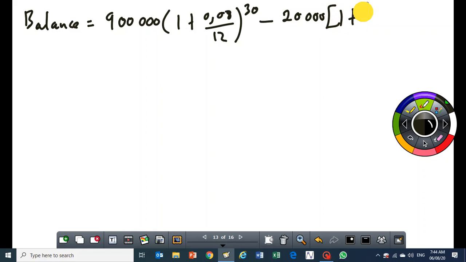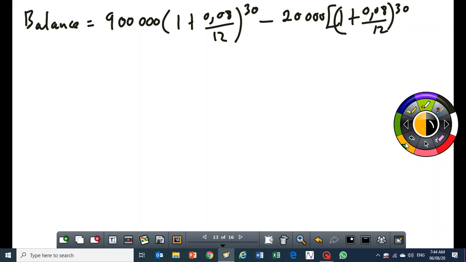So that will be 1 plus 0.08 over 12, all raised to the power of 30. Remember, I need to emphasize this, that whatever value you put here, that's the same as the one you put there. If you make a mistake of putting two incorrect values there, values that are not the same, then you get an incorrect answer, right?